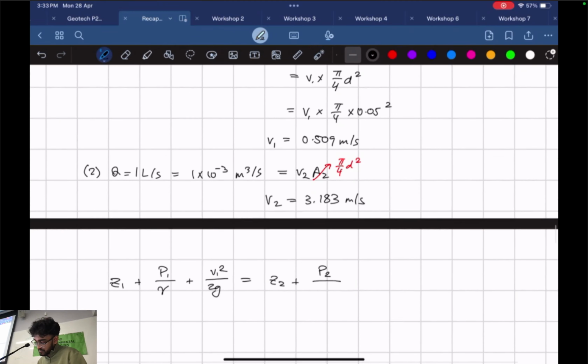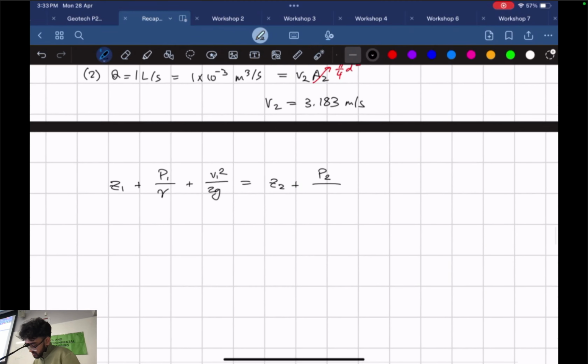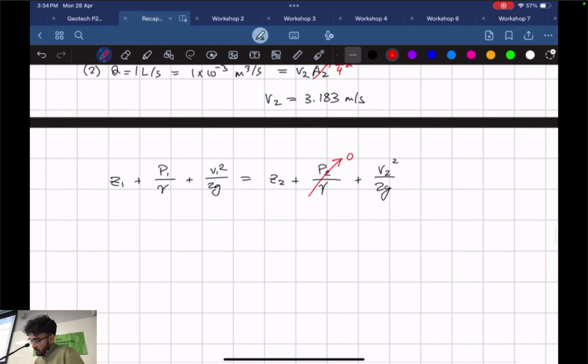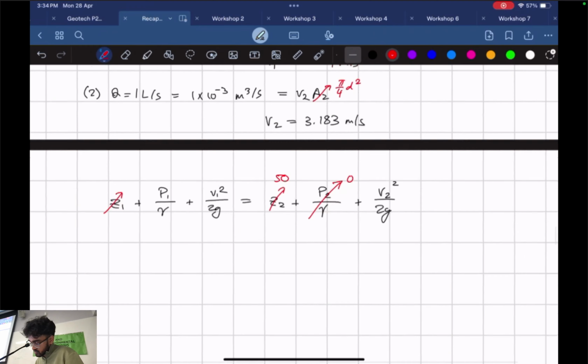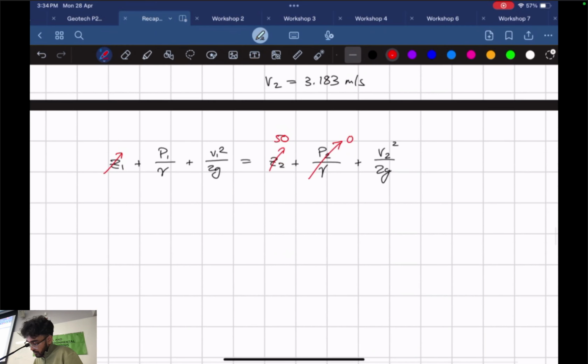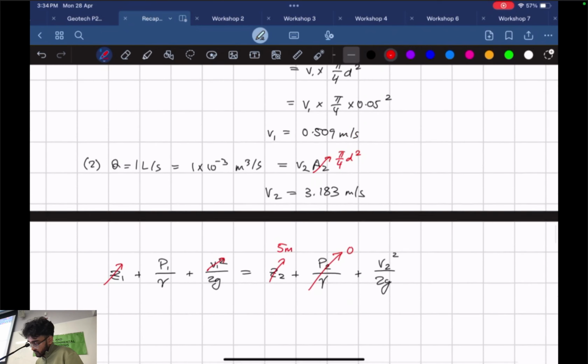Okay, never mind. So this is going to be that plus V2 squared on 2G. We know that P2 is 0. We know that Z2 minus Z1 is just 5 meters, sorry, 5 meters. V1 is 0.509.